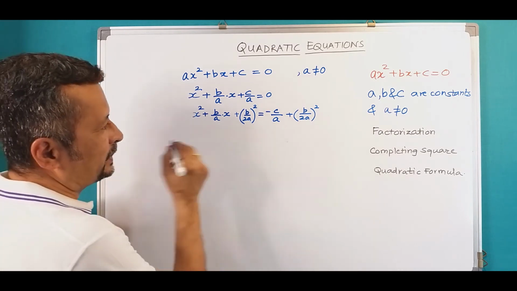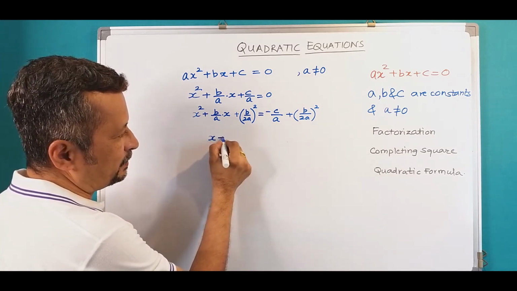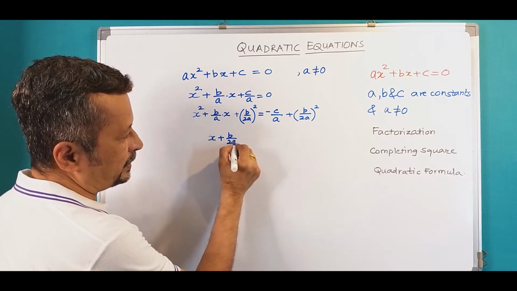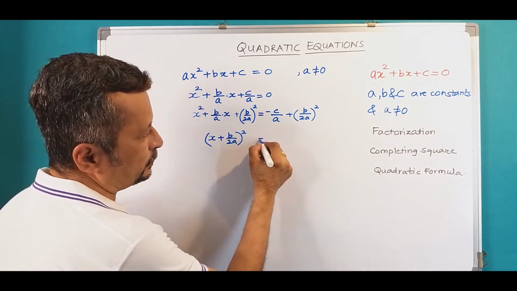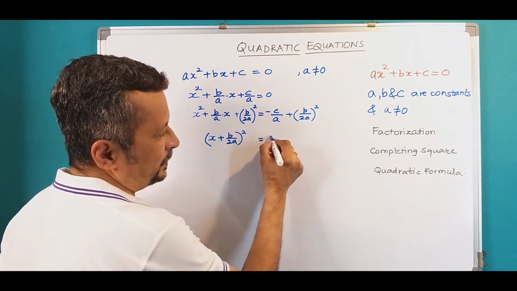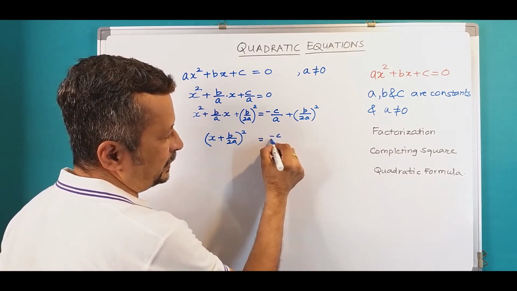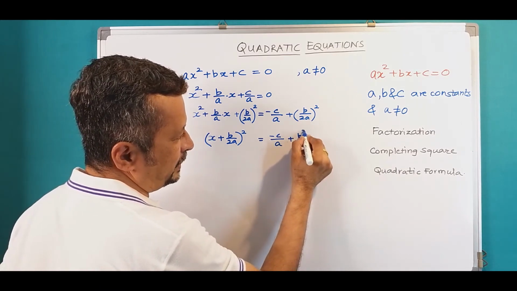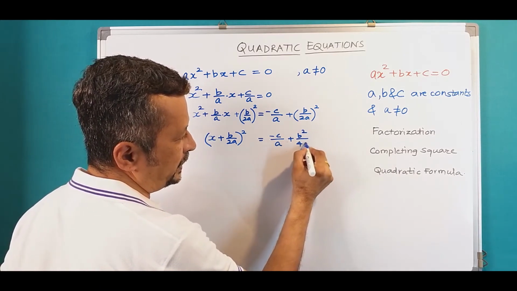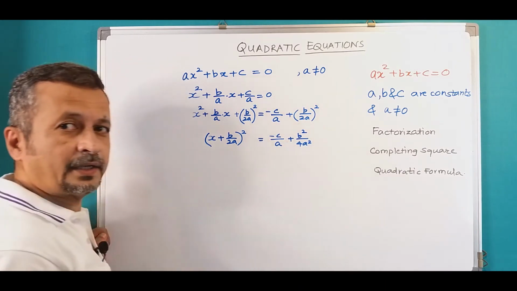Okay, so this would become (x plus b upon 2a) whole square is equal to minus c upon a plus b square upon 4a square, correct?